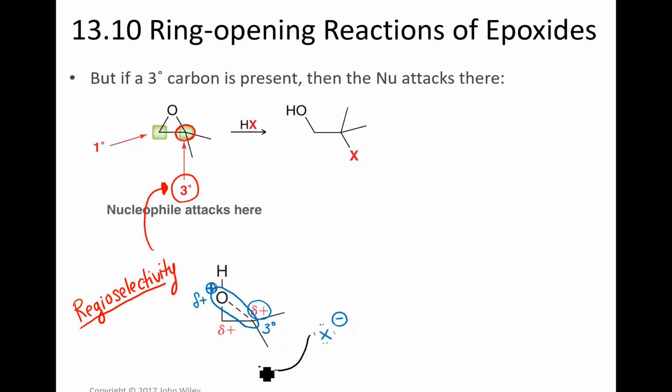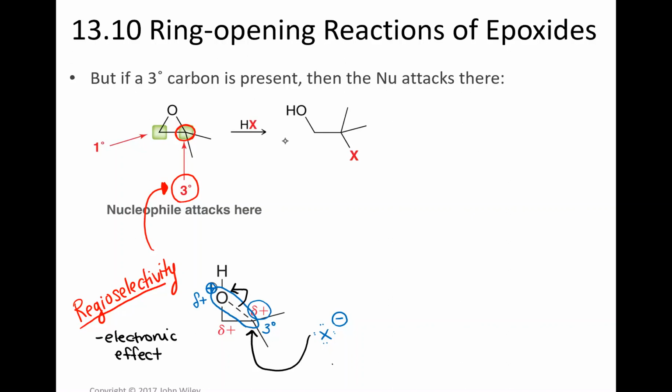So now the regioselectivity is no longer governed by steric hindrance. Instead, it's an electronic effect. Essentially, the tertiary carbon has more positive character, and it really attracts the negatively charged nucleophile to it, even though it's more sterically hindered.